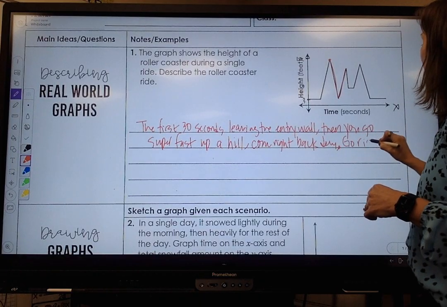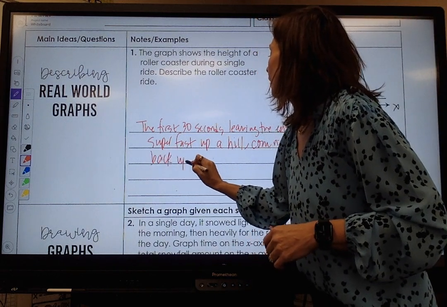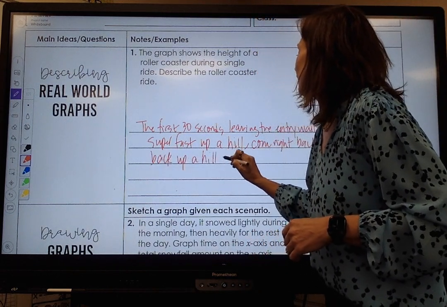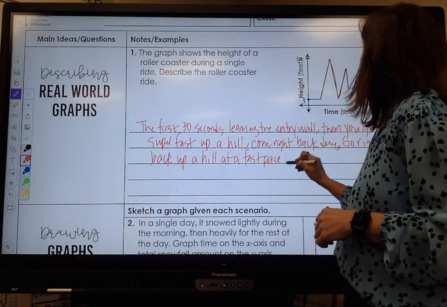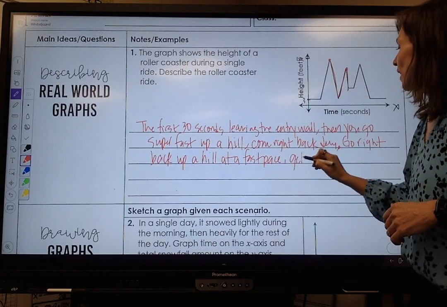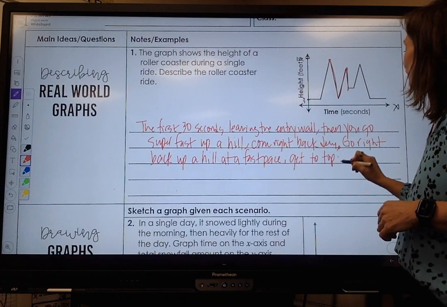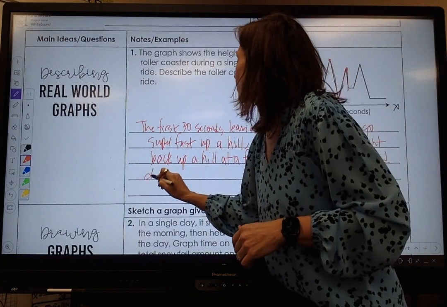Go right back up a hill at a fast pace. You get to the top of the hill and you drop down.